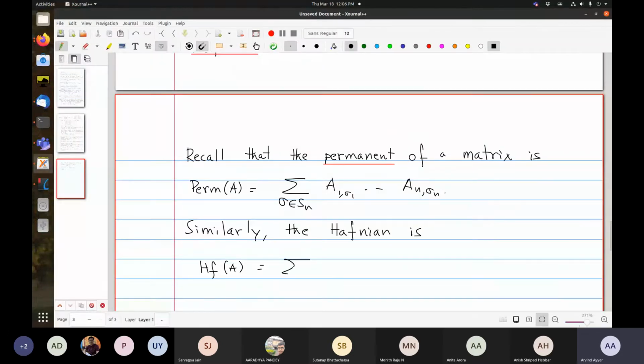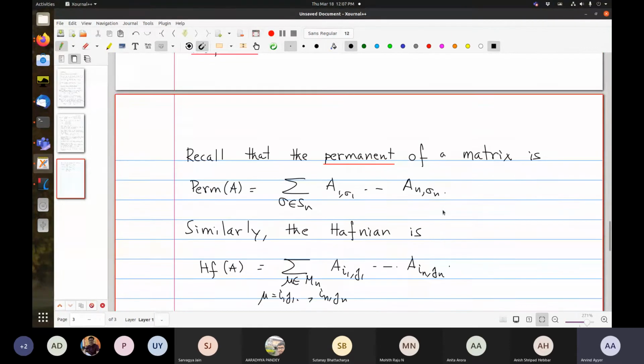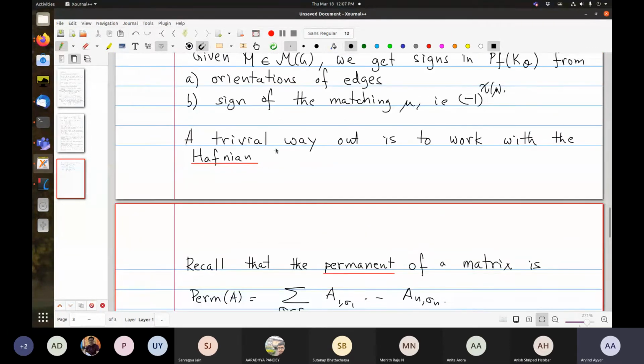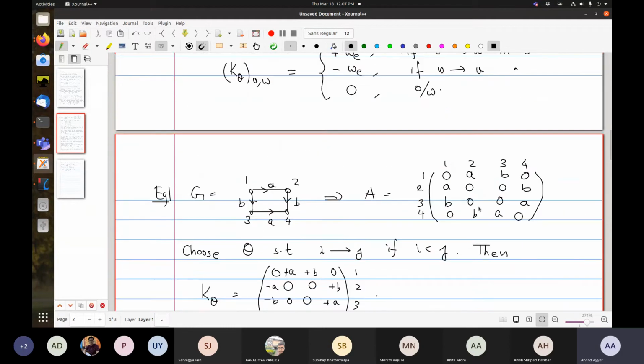So it's the sum over mu in Mn, mu is I1 J1 etc. to In Jn, of A_{I1,J1} etc. Work with the Hafnian for A. So remember, A already has positive entries.